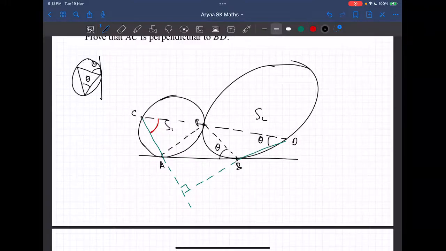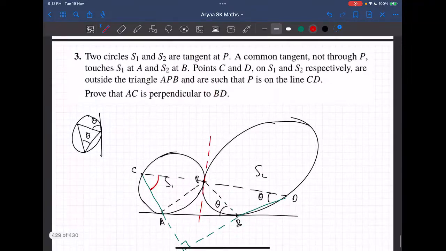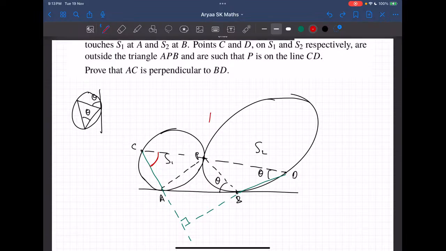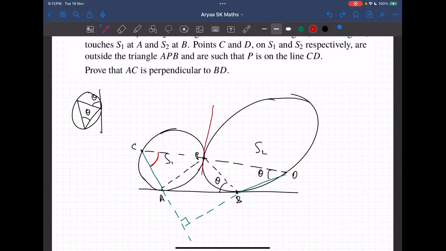So, now we know this angle. If I draw a vertical line downwards, since these are tangent, a common tangent, the tangent at P, then we know that angle is going to be 90, and that's also going to be 90. So how can that help us?